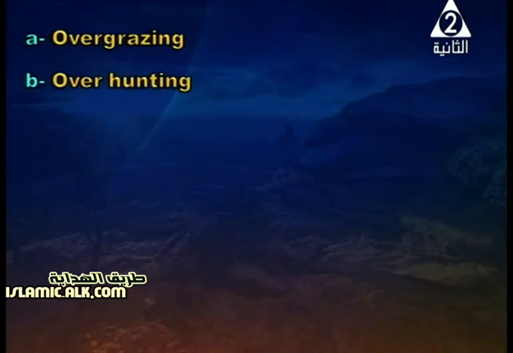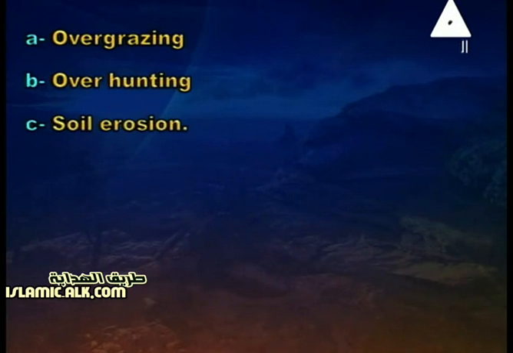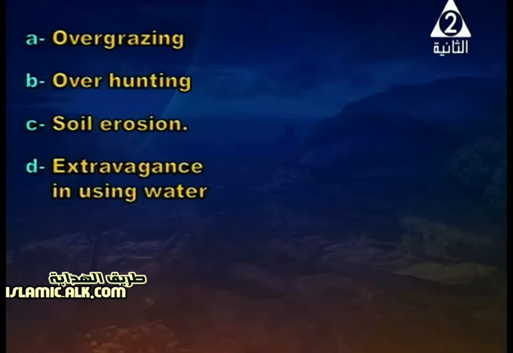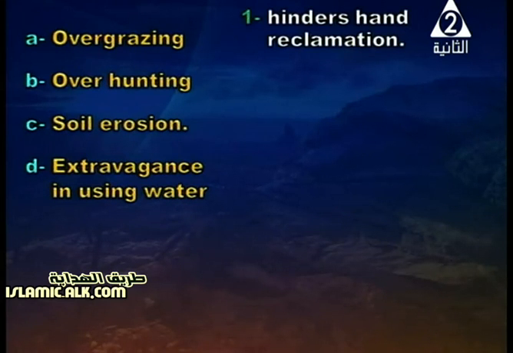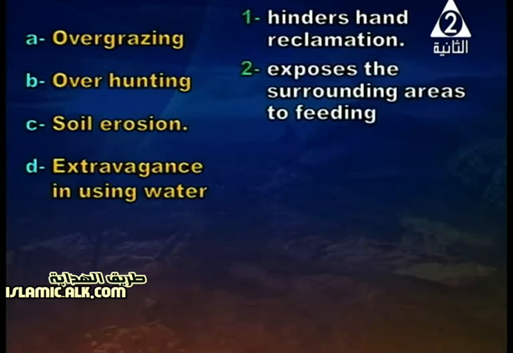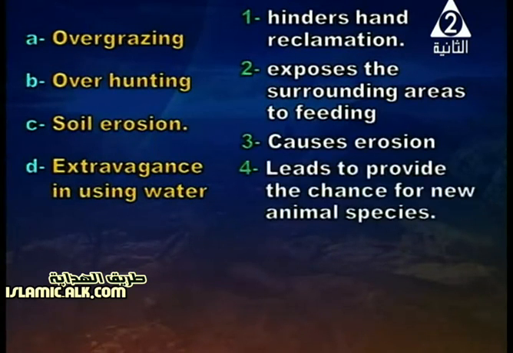Overgrazing, overhunting, soil erosion, extravagance in using water. On the right column we have hinders land reclamation, also we have exposes the surrounding areas to flooding, causes erosion, and finally we have leads to provide the chance for new animal species.